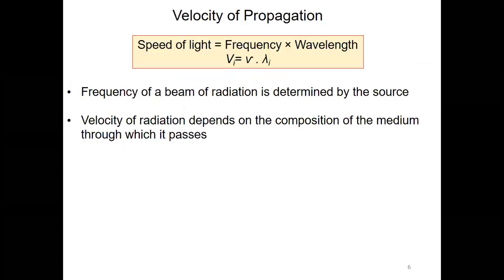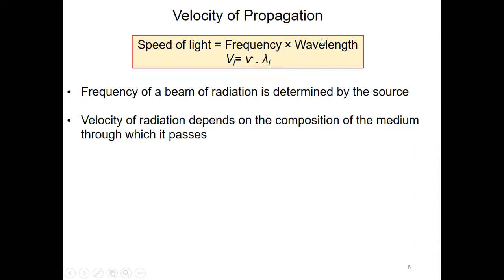and velocity of propagation. When the electromagnetic radiation propagates, we can calculate the velocity. Velocity is the same as speed, but different: velocity means the directional one. We can call it the speed of light, which equals the frequency times wavelength, right?